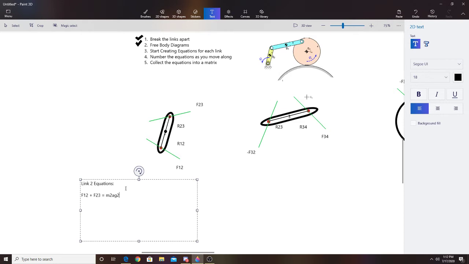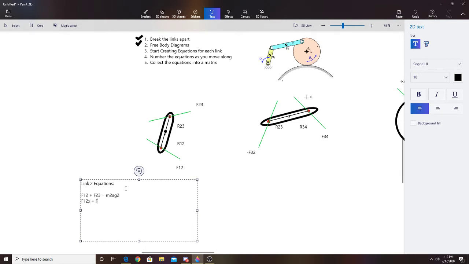It's a known. So the mass of each link is obviously known because this is something that we would know if we put it together, right? Like if you bought the links for this, you would know how much they weigh. Obviously, if you made this mechanism, you would know how much they weigh whenever you made the parts. So M2 is known. Let's put it that way.